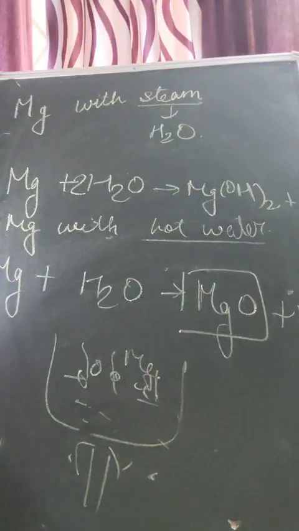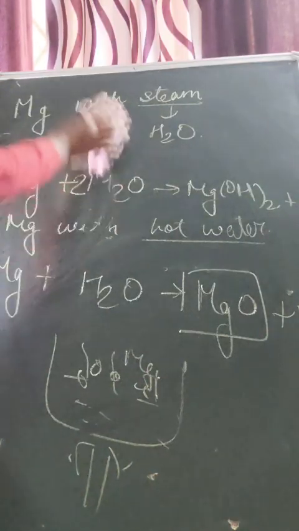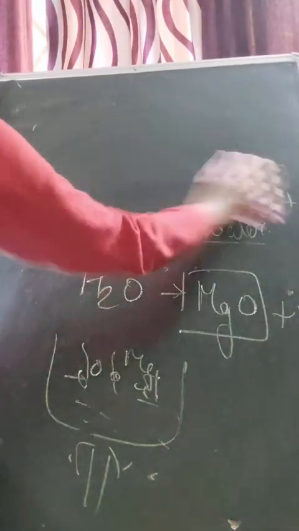Is it clear? Now let us see the reaction with the other metals like zinc, aluminium and iron. Let us see with aluminium first in hot water. Okay, I have written hot water here. Aluminium.